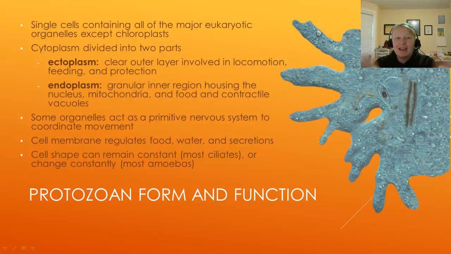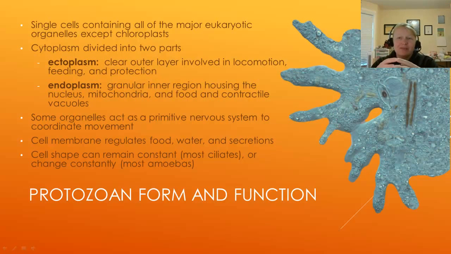The ectoplasm is on the outside layer, and it's clear, and it helps provide for locomotion, feeding, and protection. So this is the part that participates in phagocytosis and crawling. Whereas the endoplasm is more like that traditional cytoplasm, where it contains organelles and has all the jelly-like substance that we're talking about, and it houses the nutrients and other parts.